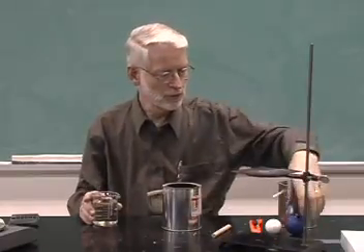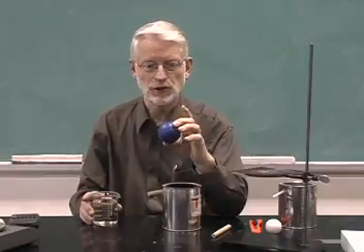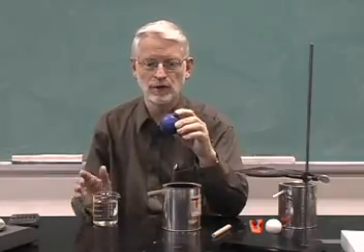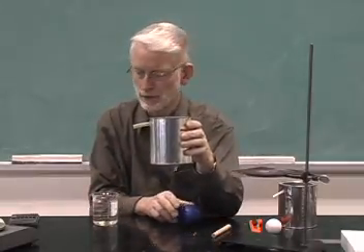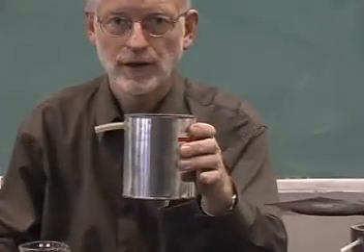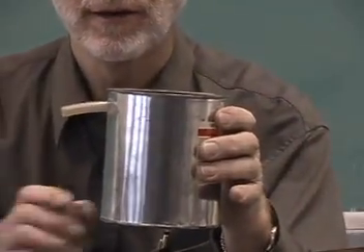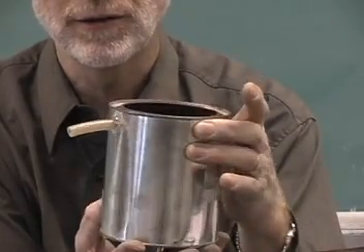What do we do with objects that are larger than our graduated cylinder? How can we determine the volume of that? Well, we can make ourselves an overflow can. And what I have here is just a can, and you can use any kind of can that is convenient.